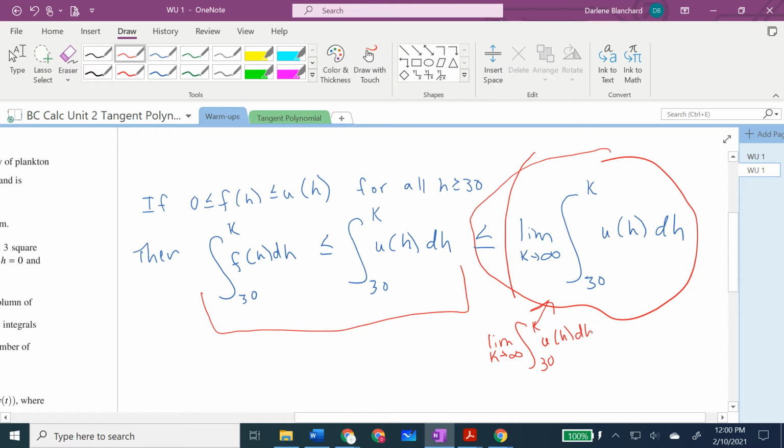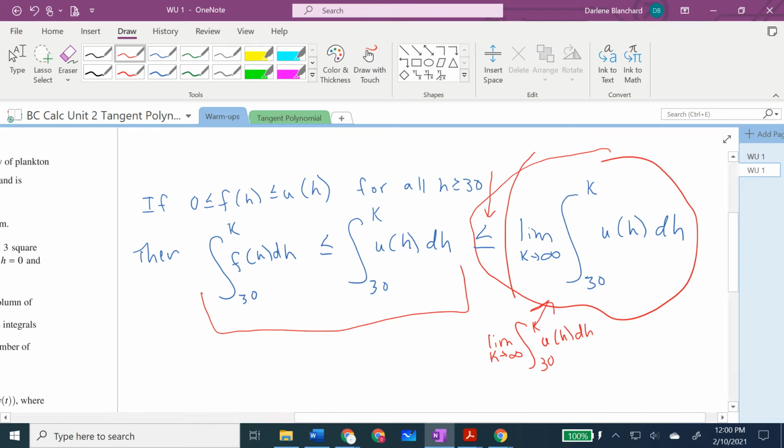And we know that we are only adding on to that integral as k gets larger and larger and heads to infinity. So naturally, the answer to this limit is definitely greater, maybe equal to, but definitely greater or equal to this.